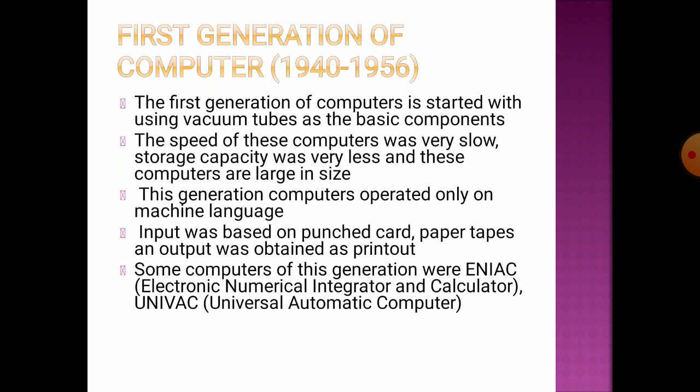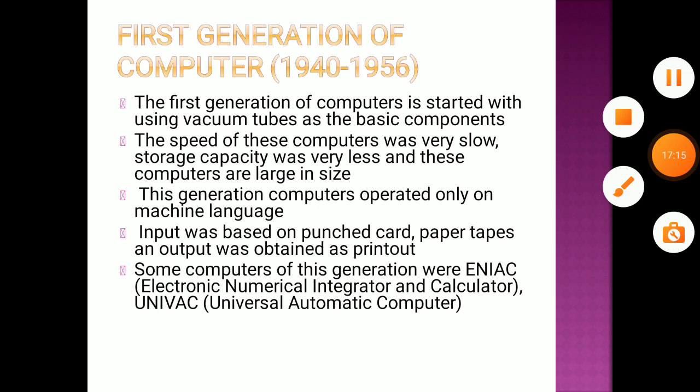So these are all the points you have to remember relating to first generation features. What you have to write is the vacuum tube, then the speed, storage capacity, the size, which language we use, how we enter the input and output, and some examples relating to your first generation computer.